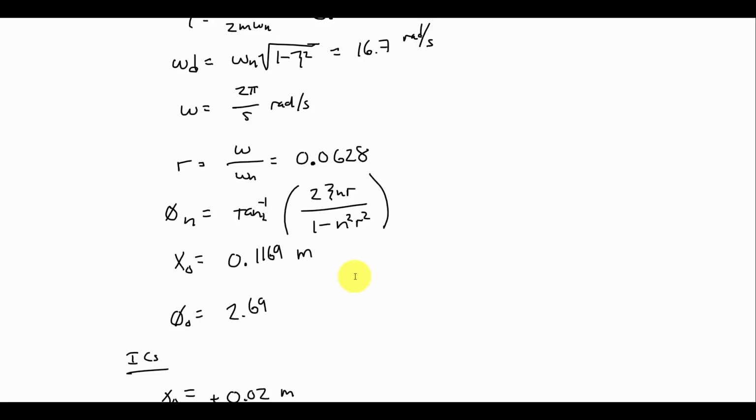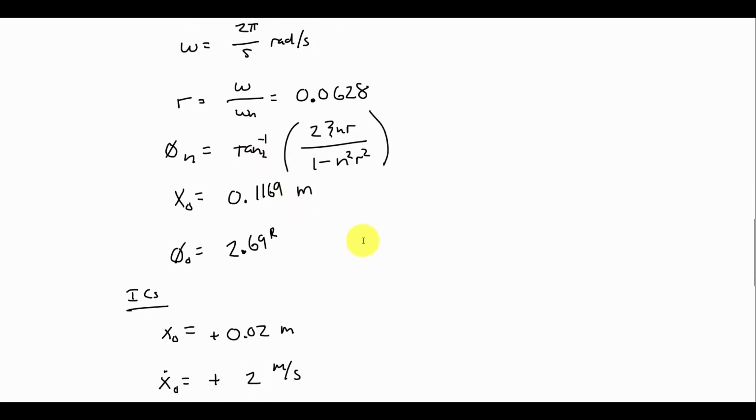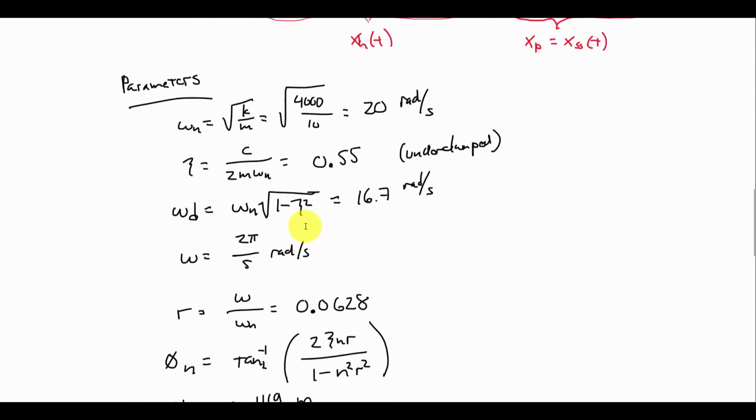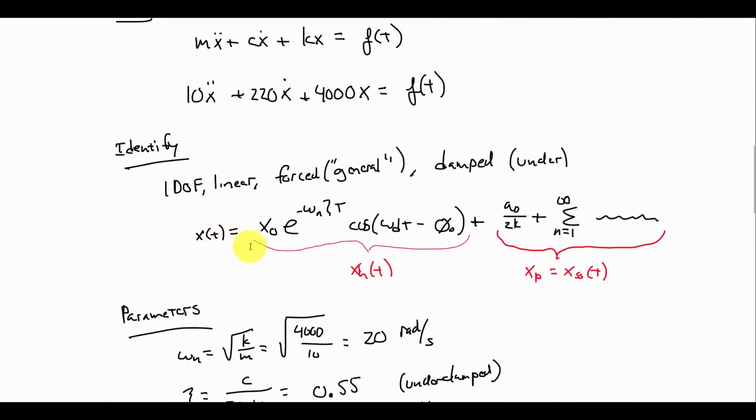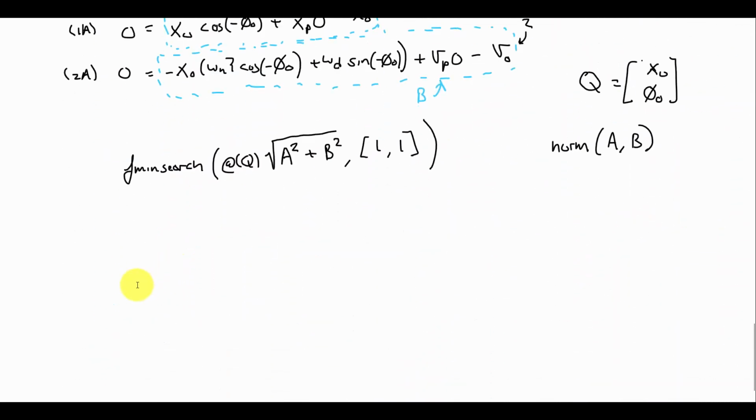Again, those are coming from that fminsearch, that lengthy thing that we had put together. Now our general x of t solution, I'm not going to rewrite it since it's pretty lengthy, but we know all the pieces of it. So we're now at the assemble step, and I'll just assemble it in MATLAB. X naught is found, phi naught is found, all of the parameters are found.